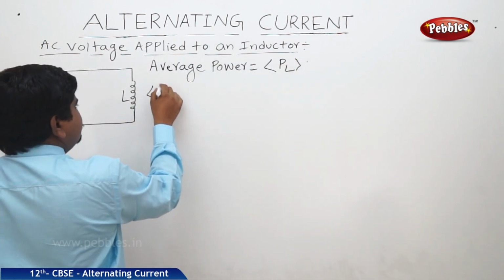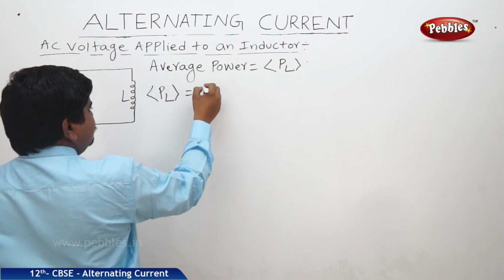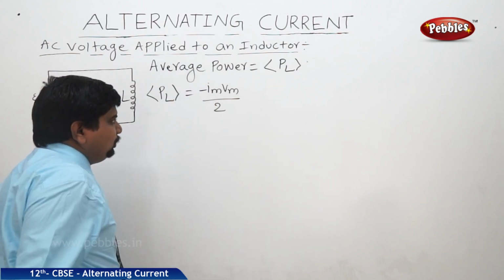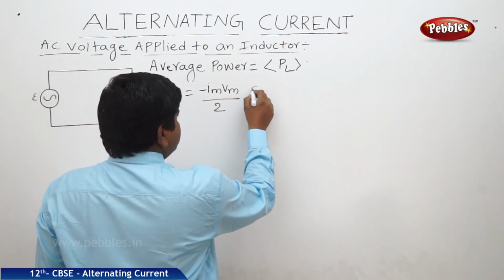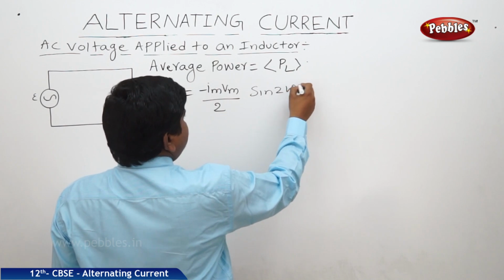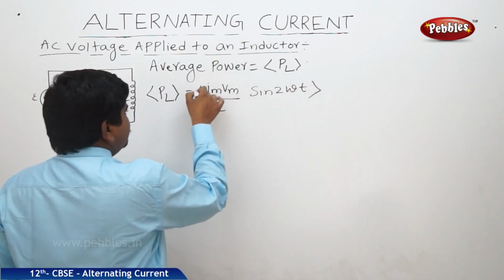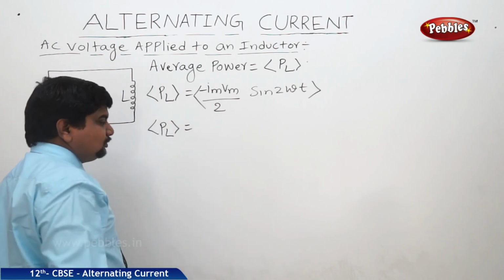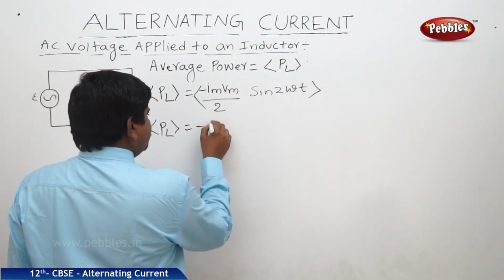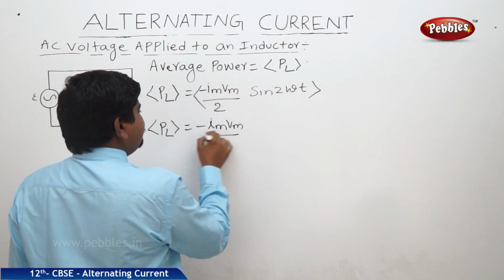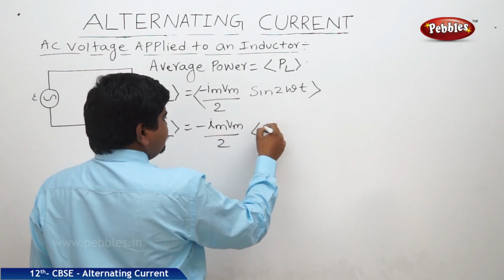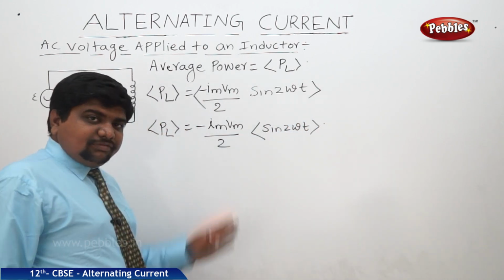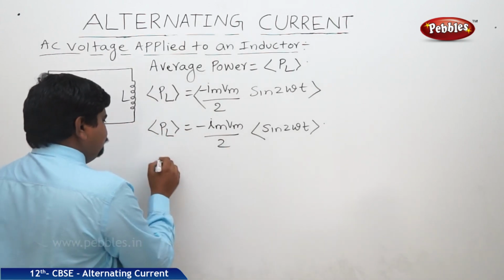Therefore, minus Im Vm by 2 into sine 2 omega t. Therefore, the average value of power consumed through the inductor is minus Im Vm by 2 into the average of sine 2 omega t. The average value of sine theta is 0.